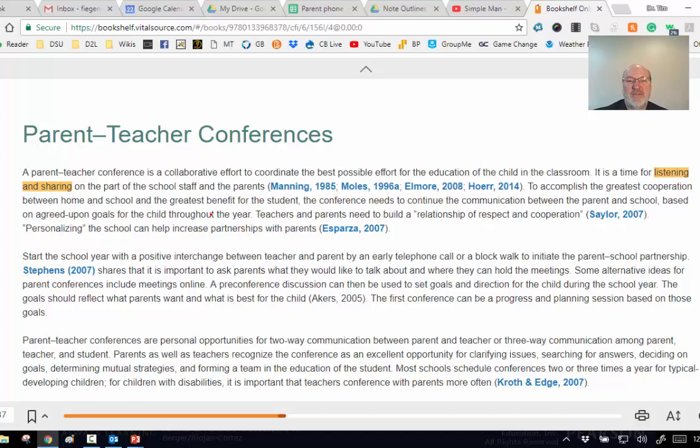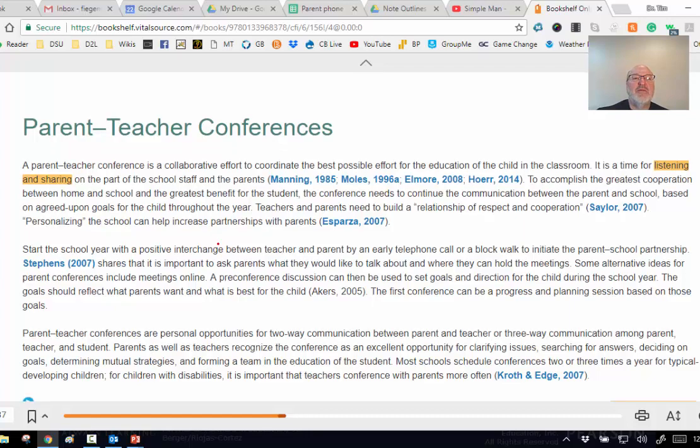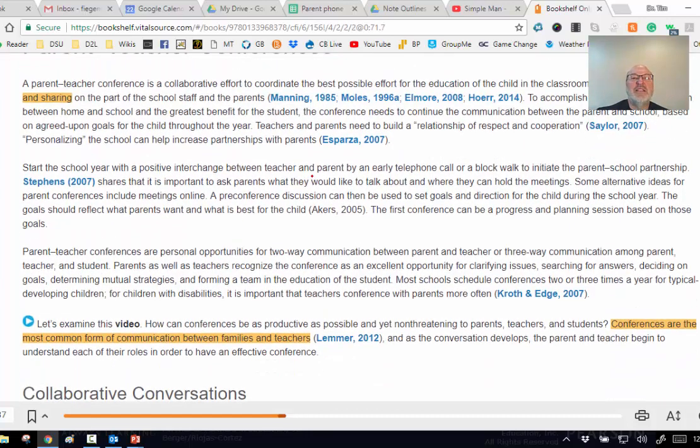And the only thing worse, and again, folks, I had to learn this the hard way: please don't let the first communication you have with a family be to let them know there's a problem, a behavior problem or something. You want to create that relationship before that. And same with this, you want this to be more relaxed, and you have such a short time.